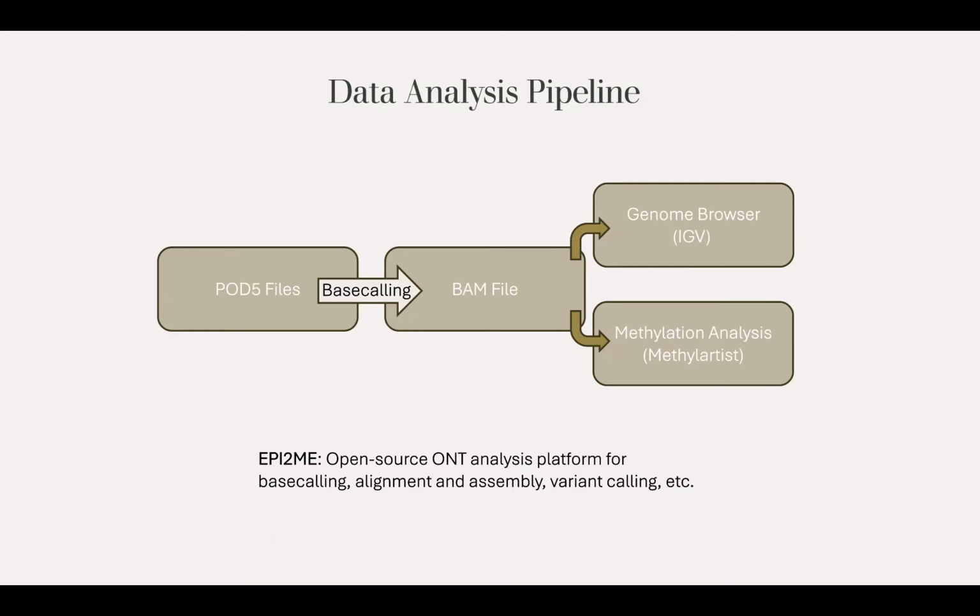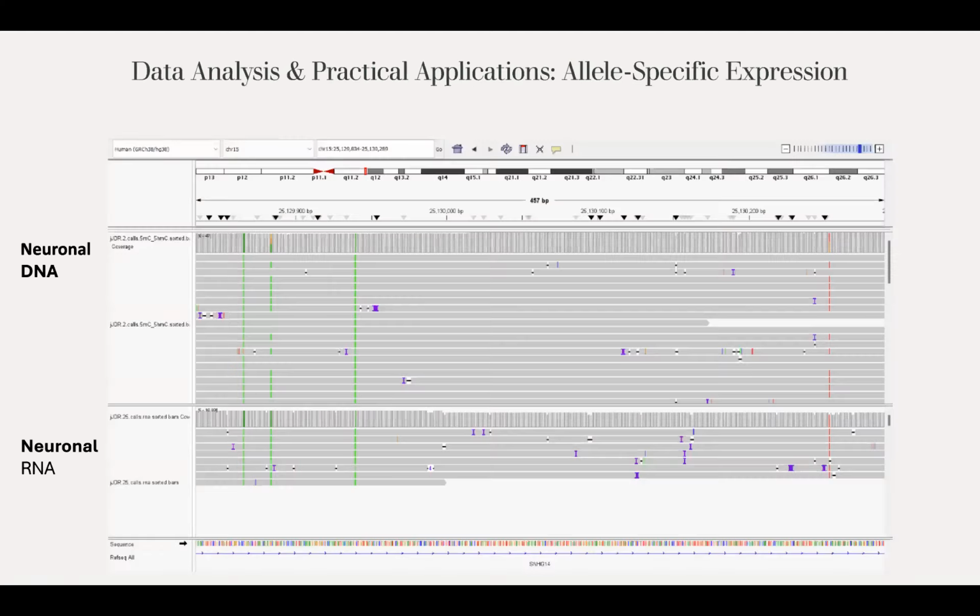Hopefully I'm pronouncing that correctly. This is for base calling, alignment and assembly, variant calling, and a ton of other things. So if you don't feel like there's a need to develop your own customized pipeline, most things that you could want to do or imagine doing are available through this open source platform.